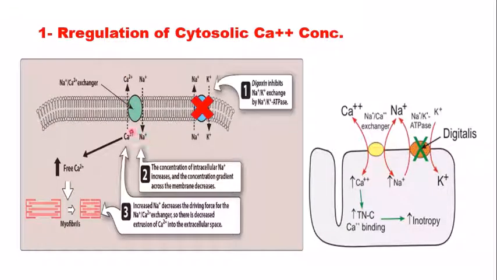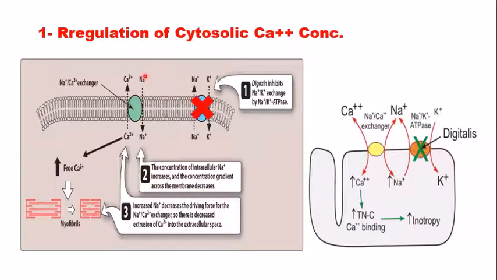So the inside calcium level will be increased, and the free calcium level will be increased, which acts on the muscles and contracts the actin and myosin. So let's look over here. The concentration of the intracellular sodium increases, so the concentration gradient across the membrane decreases.